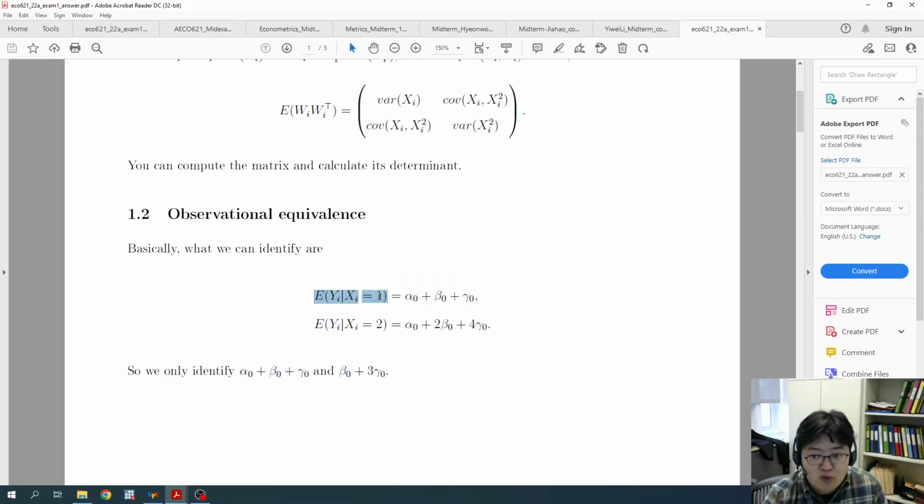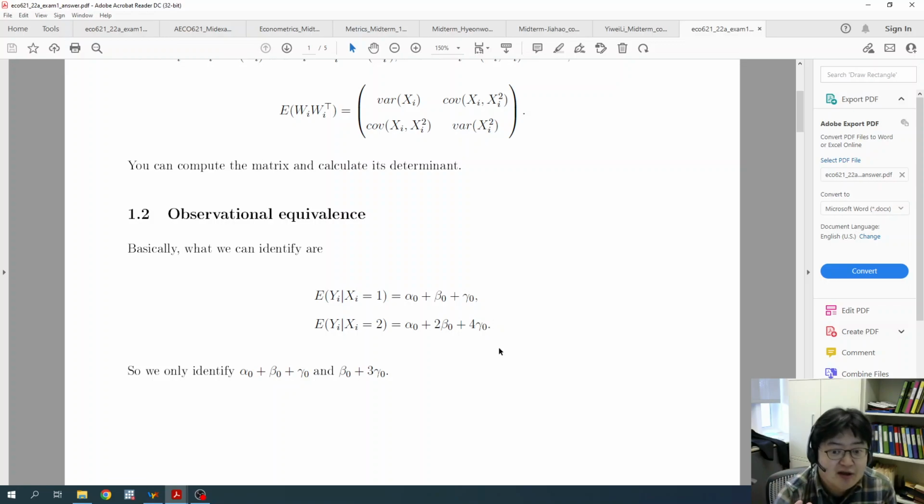For those who said yes and no, you calculate the conditional expectation, and the first group has this, and the second group has this. You have only two groups and their outcomes, and from each group you can calculate the average of the outcome, and then from two groups you have to identify 3 parameters, which is not possible.